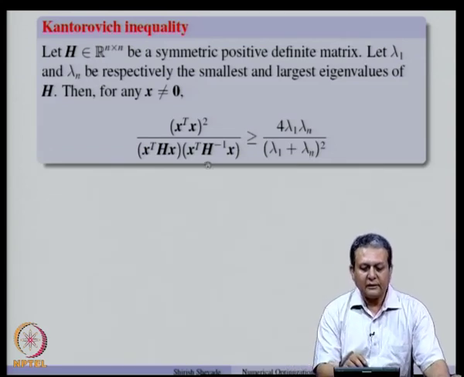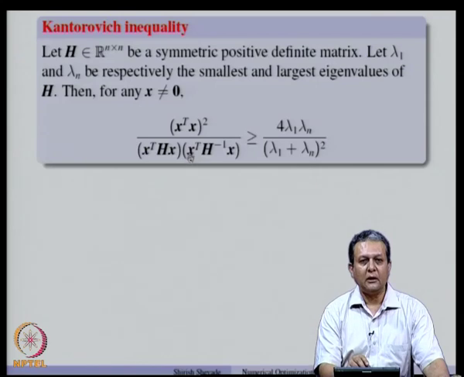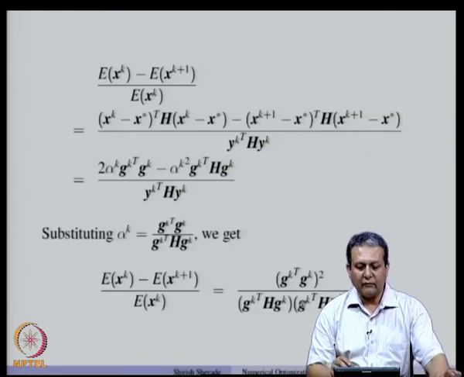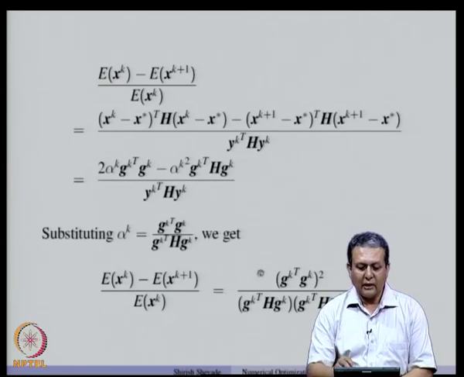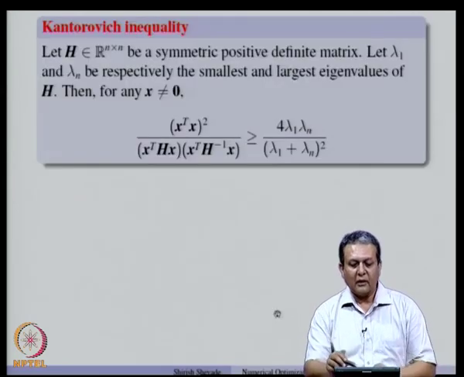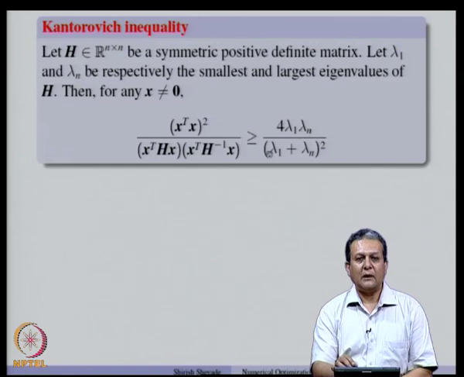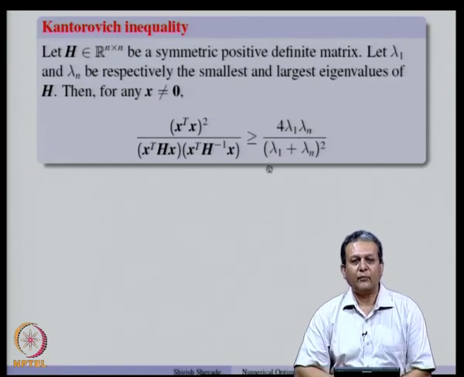If you compare this left hand side expression with the expression that we got here, we will see that they are the same, where x is replaced by g_k. Remember that our algorithm converges only at a point when g_k is close to 0. So, as long as g_k is not 0, we can write this quantity to be greater than or equal to 4 lambda_1 lambda_n divided by (lambda_1 plus lambda_n) square.